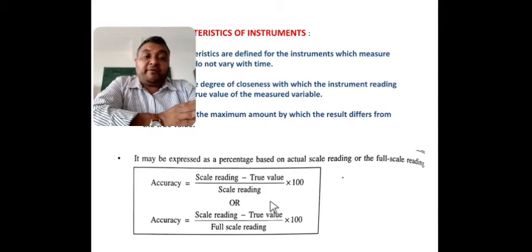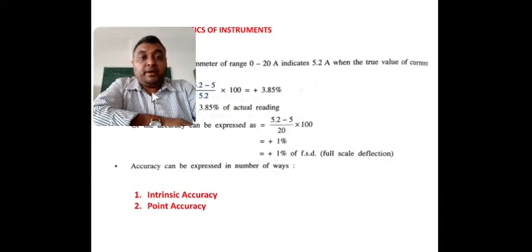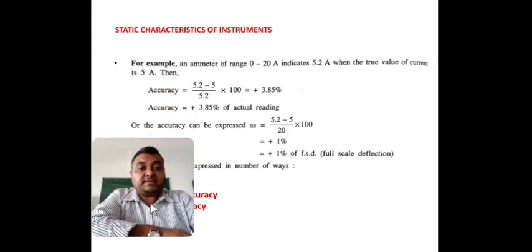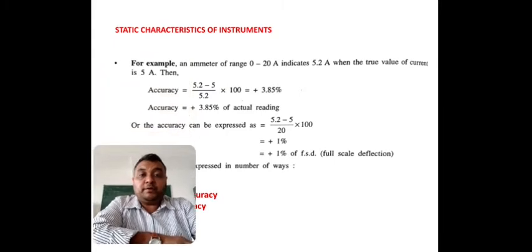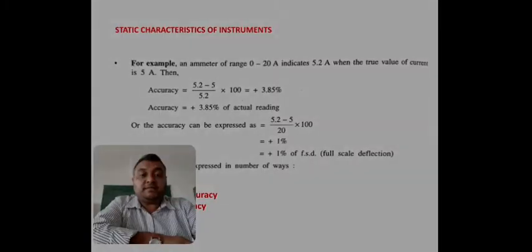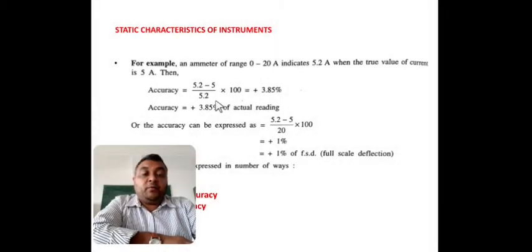How this equation is going to work, I will show you with the help of this example. Over here you can see the example is given. The example states that an ammeter of range 0 to 20 ampere indicates 5.2 ampere when the value of current is 5 ampere.